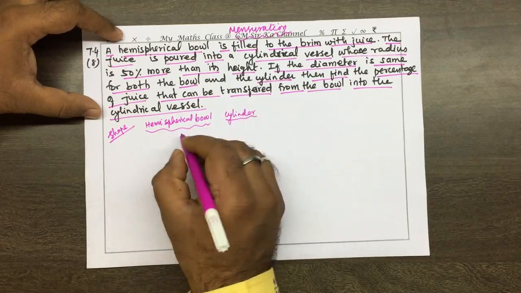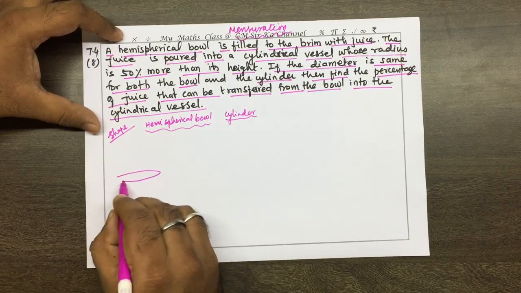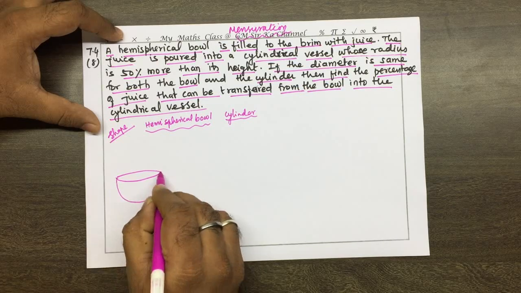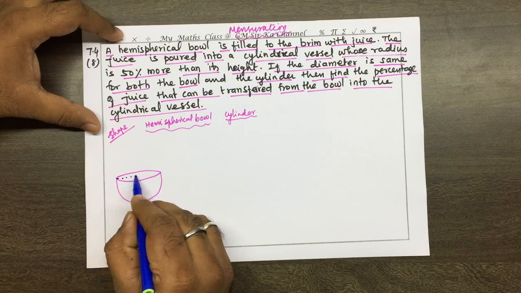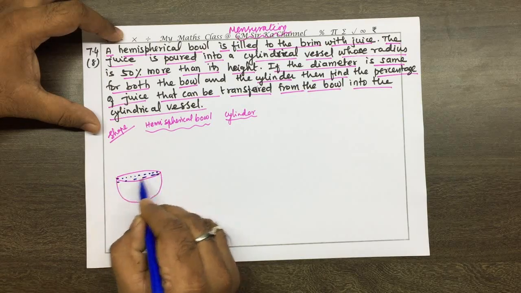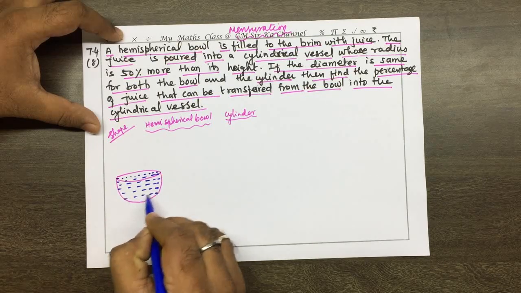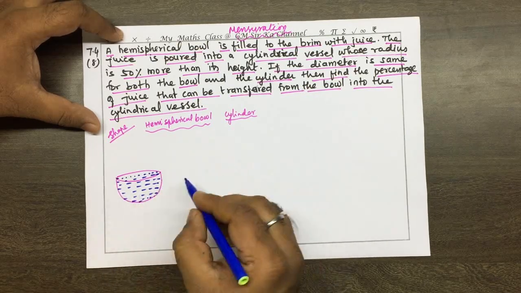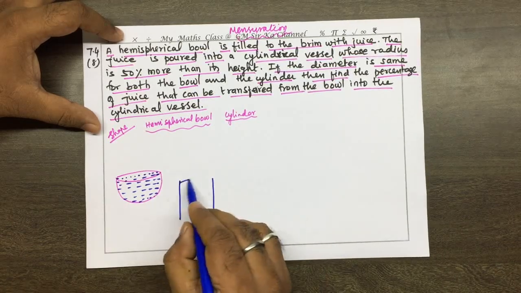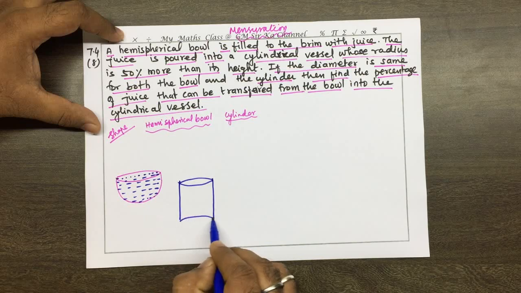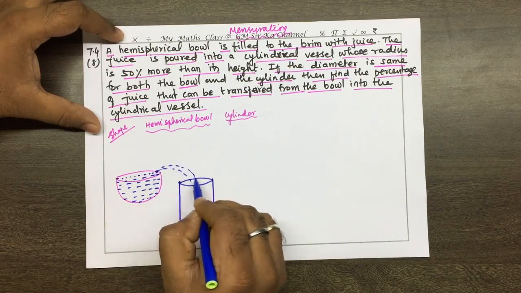In the hemispherical bowl, we have the juice up to the brim, which is poured into the cylinder.